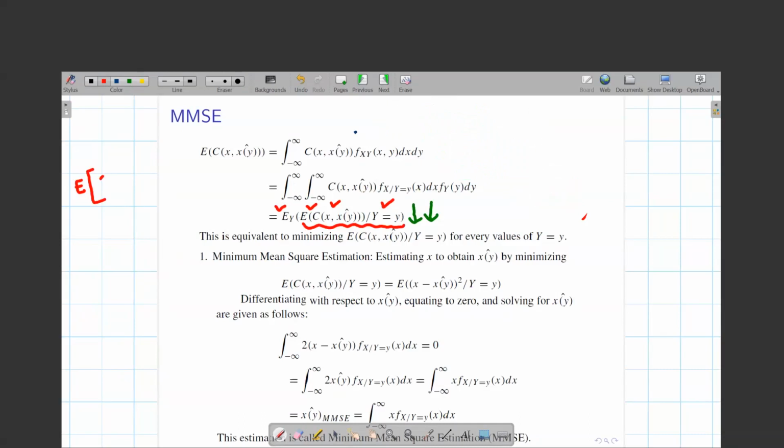Let me put it as C, for every value of y, as in the experiment. You are trying to minimize this cost function in an average sense. If you minimize this for every value of y, then automatically it will come here. Okay, so it is like that. C is the cost function.